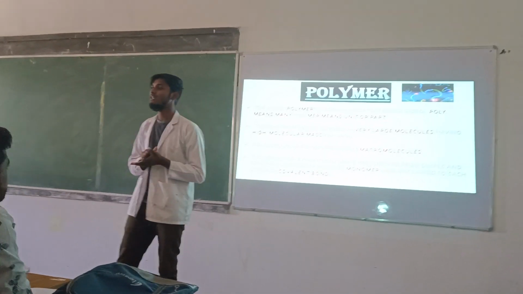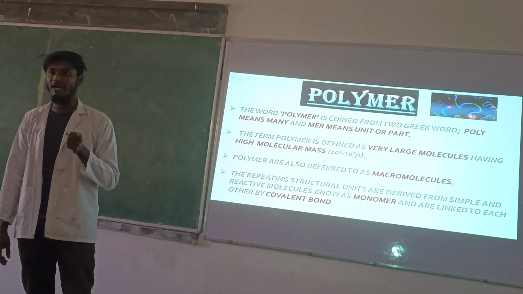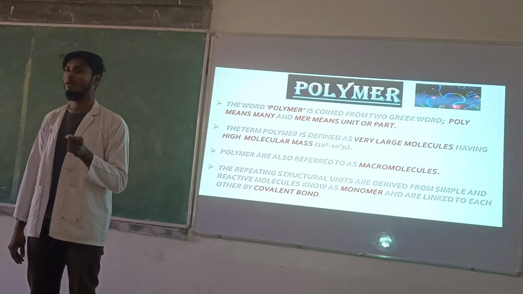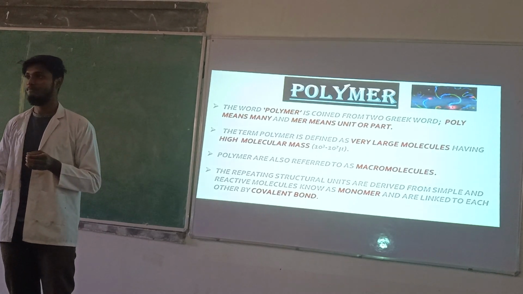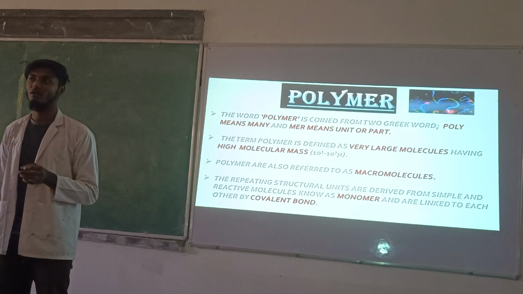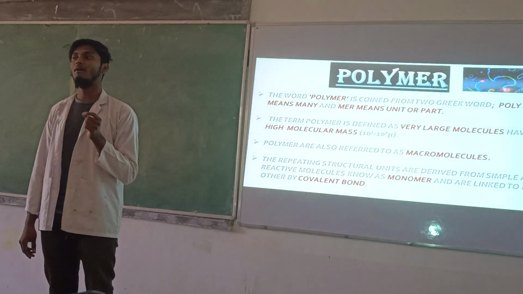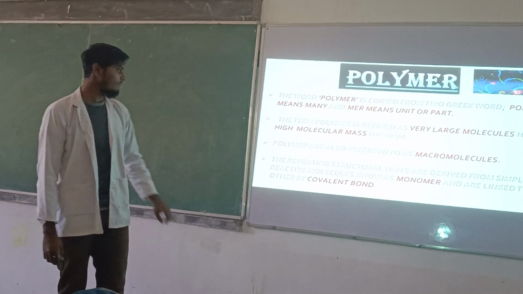I will explain with the help of an example. Chlorophyll is not a monomer, and a polymer is formed by monomers. If so many monomers combine, they form a polymer. If there is no monomer, there will be no formation of polymer, but there will be a formation of macromolecules, for example, chlorophyll.